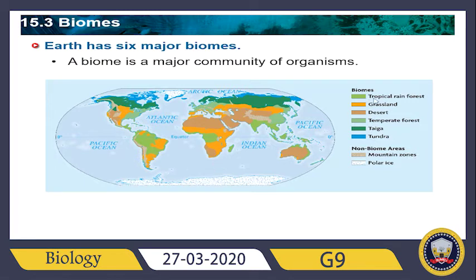Like this, we have tropical rainforests, light green, like here in Brazil, parts of Argentina. Okay? We have rainforests in Middle and Western Africa. We have rainforests in India, Vietnam, Korea. Okay?